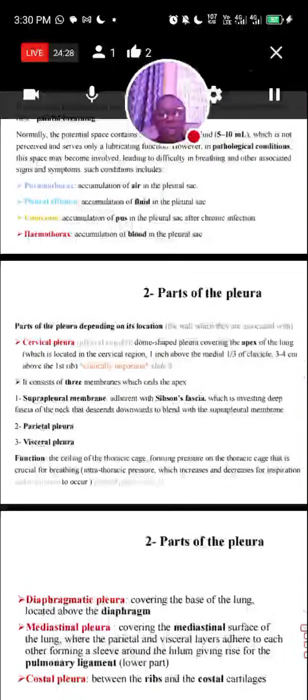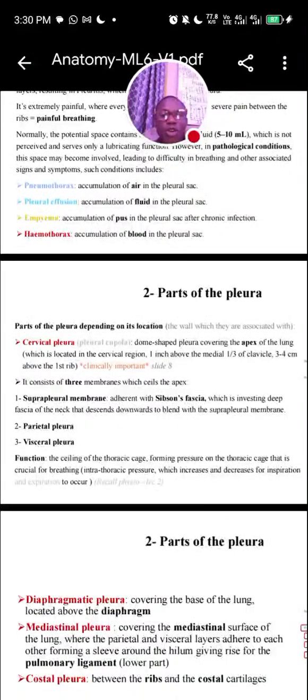Moving away from there, in the cervical region, 1 inch above the medial 1/3 of the clavicle. Can you imagine that? Let's take that again. Cervical pleura, pleural cupola. So the cervical pleura can also be called the pleural cupola.